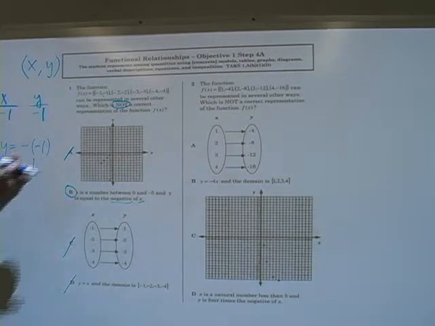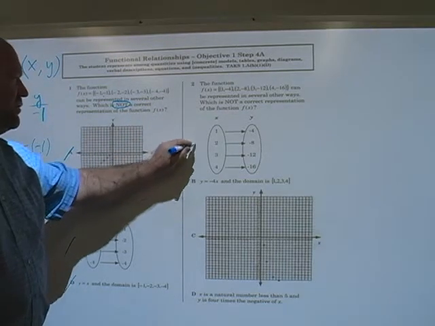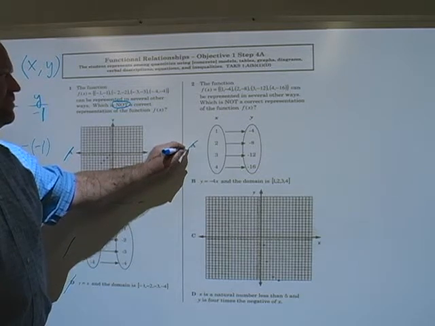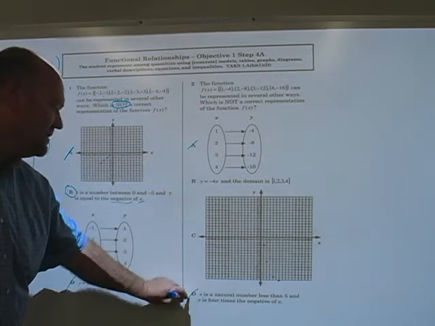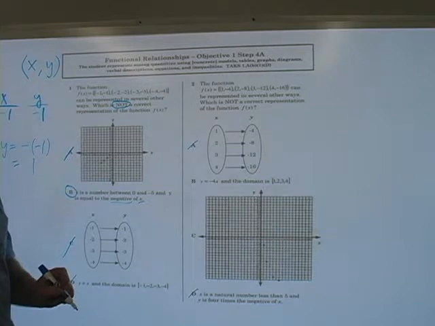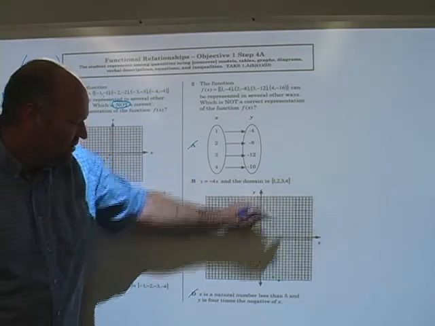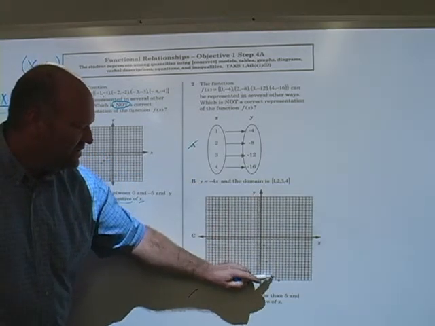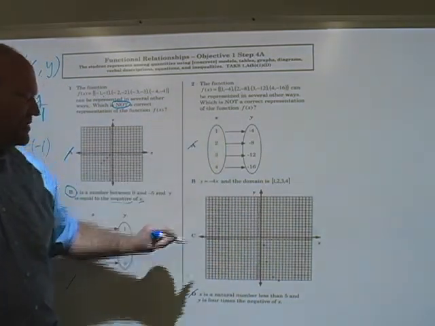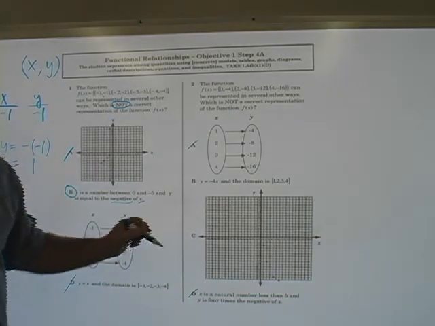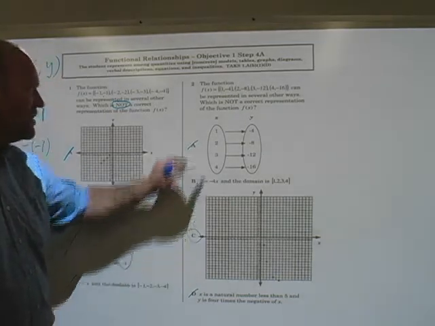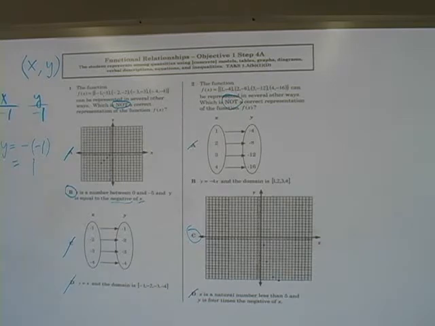Number 2, we can definitely rule out A, and definitely rule out D. And you'd have to rule out B because C doesn't have the right points. That's right. C, if you just look at the points, they don't match up with that, so C is not a correct representation, so that's the one that is the correct answer.